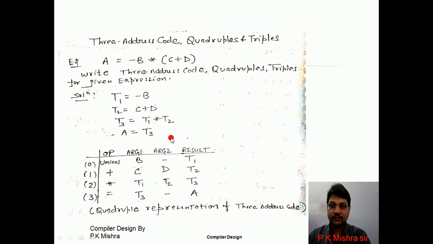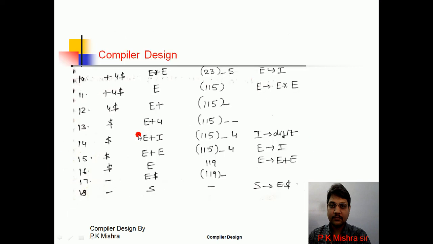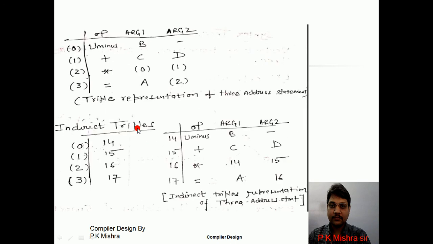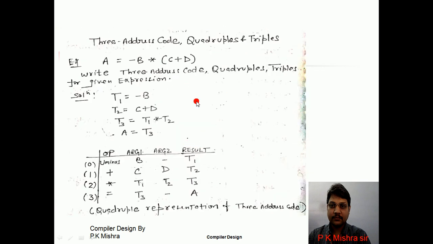When we write the triples representation, remember that a is argument 1 and t3 is argument 2.